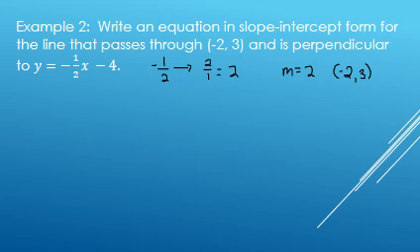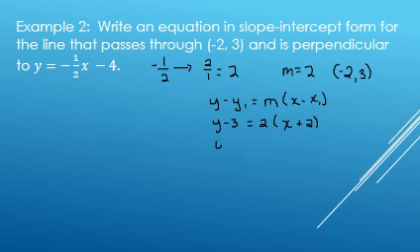So remember, anytime you've got a point and a slope, we're going to use point-slope formula. So that's y minus y1 equals m times x minus x1. So now let's go ahead and substitute those values in. That gives us y minus 3 equals, and our slope is 2 times x, because that's a -2, I'm going to write plus 2.